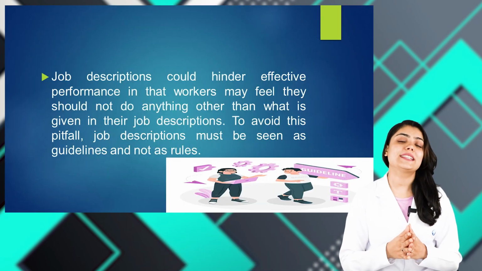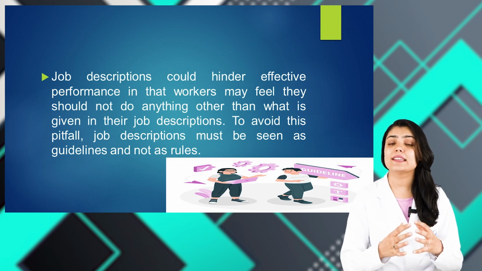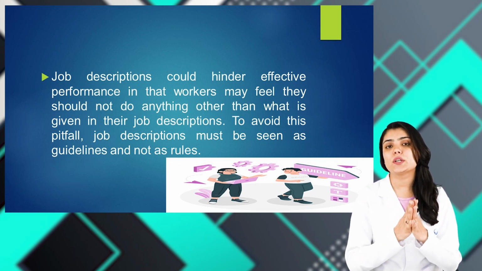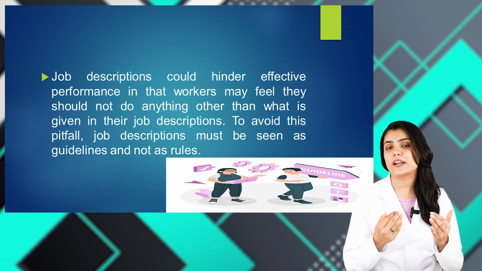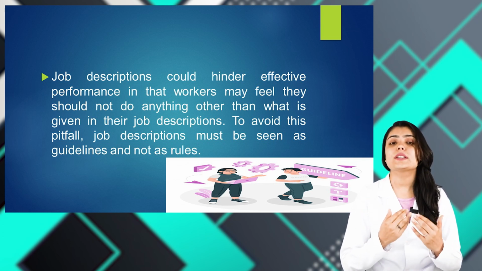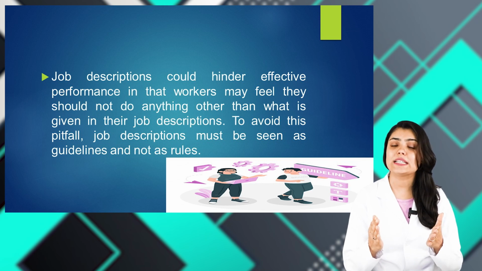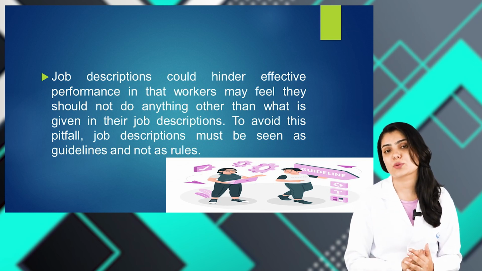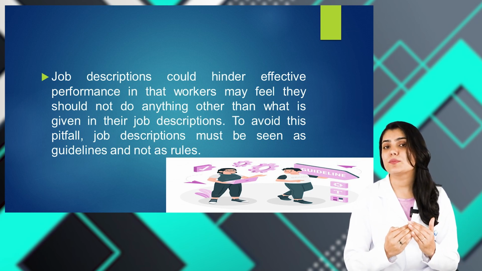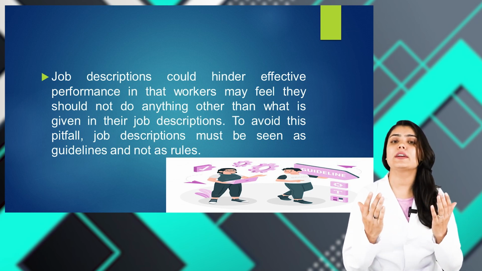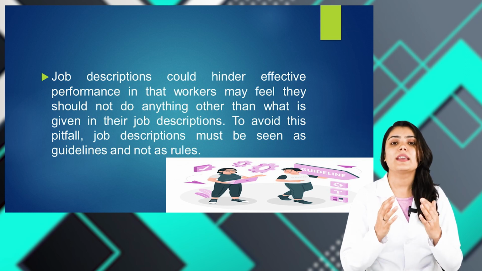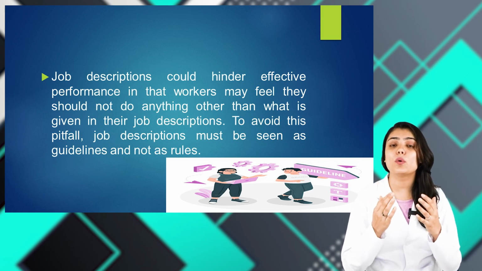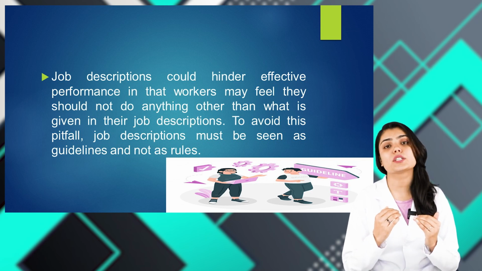Another very important thing that we should understand is that once the job description is given to the employee, it includes the description of the job, what they are expected to do, and the various roles and responsibilities assigned to them. There's a problem that comes with giving a job description to employees. What is the problem that we can face? The employees may see the jobs assigned to them as the only jobs they must perform.